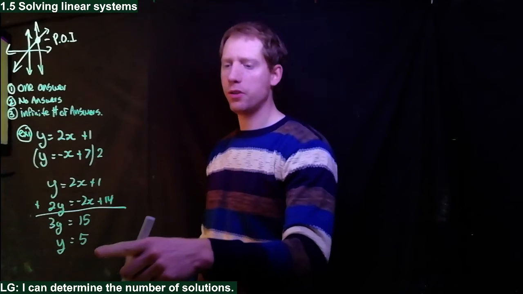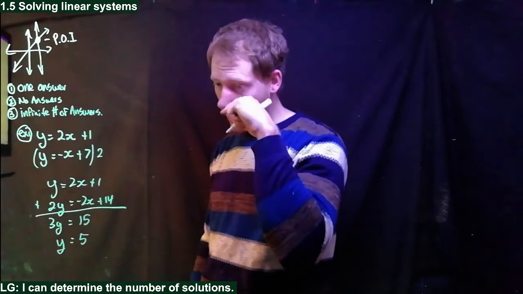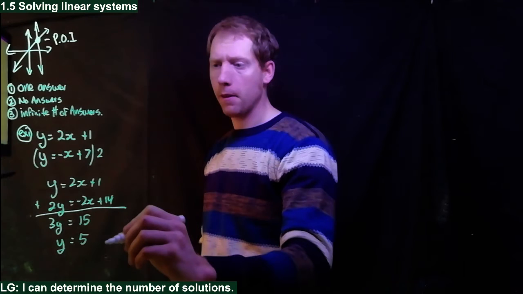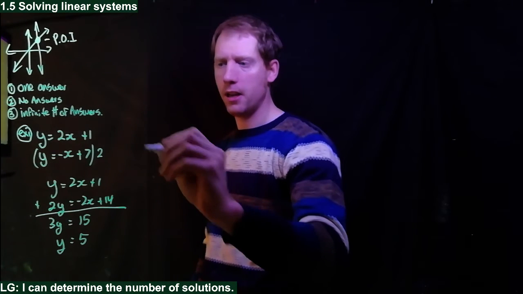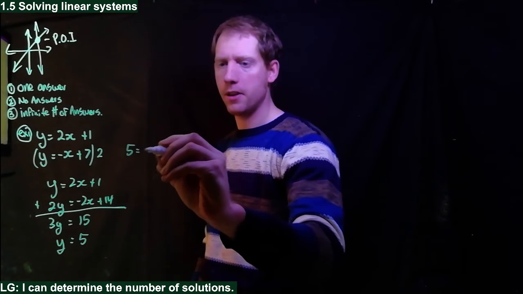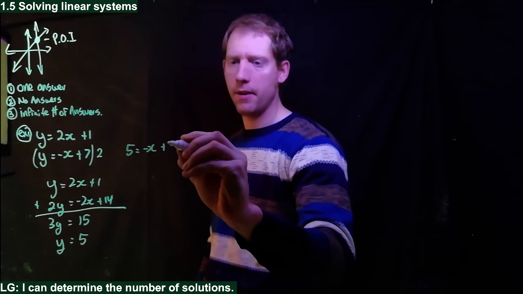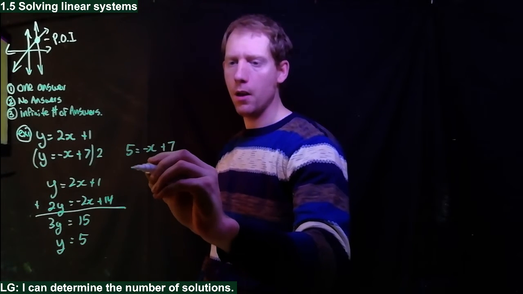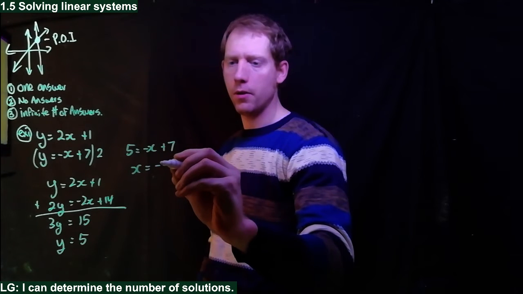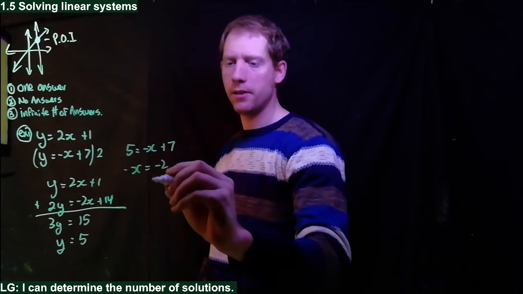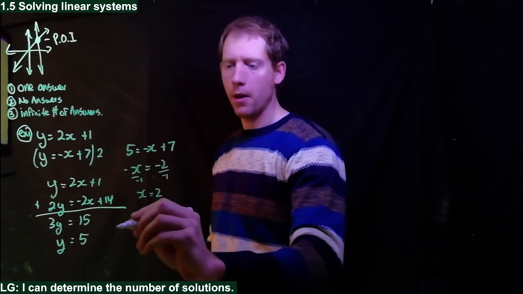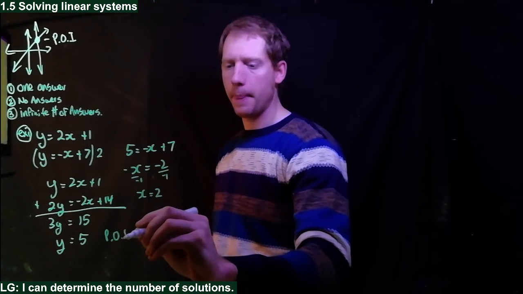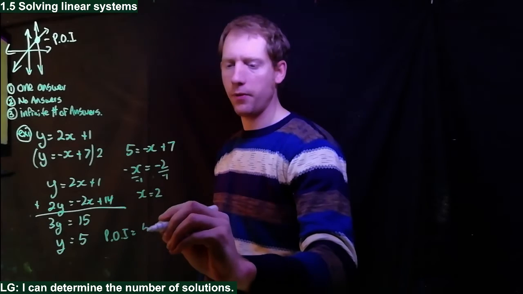Then we can find out what x is. I'm going to put 5 into here. We're going to have 5 is equal to negative x plus 7. X is equal to negative 2, easy minus, and then divided by negative 1. X is equal to 2. So the POI in this case is 5, 2.